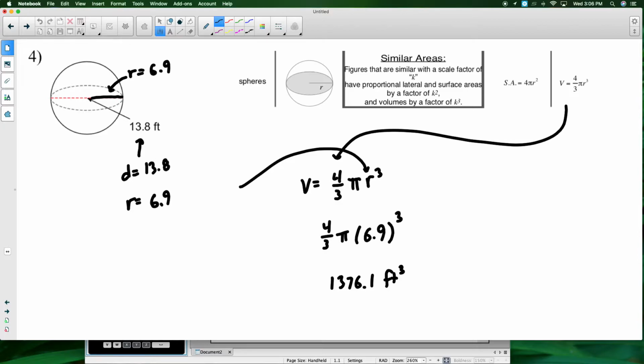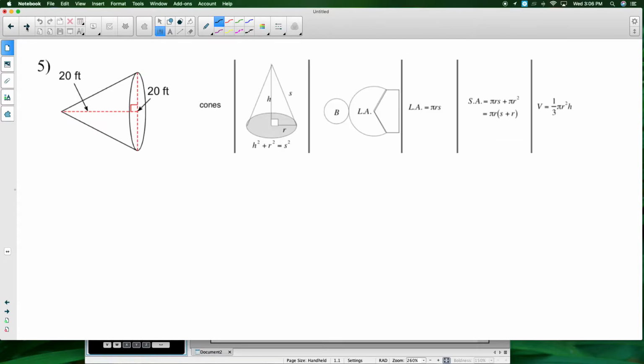Again, it's all about finding the correct formula, identifying all your givens, and plugging it in. Our next example is going to be number 5. This is a cone, therefore we're going to be using this formula. Volume equals 1/3 pi r squared h.